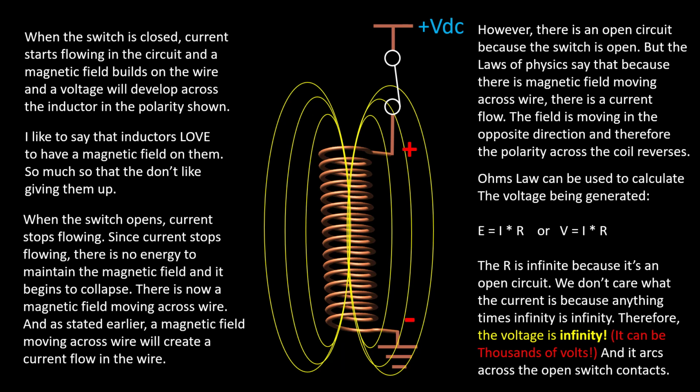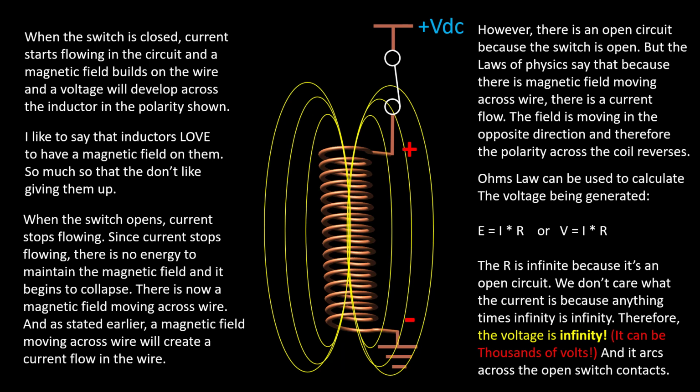As the field starts to collapse across an open circuit, across an open switch, so there's no circuit here, the field's going to collapse. Well, I've got a magnetic field moving across wire. The laws of physics say that if I've got a magnetic field moving across wire, I have a current flow in that wire.